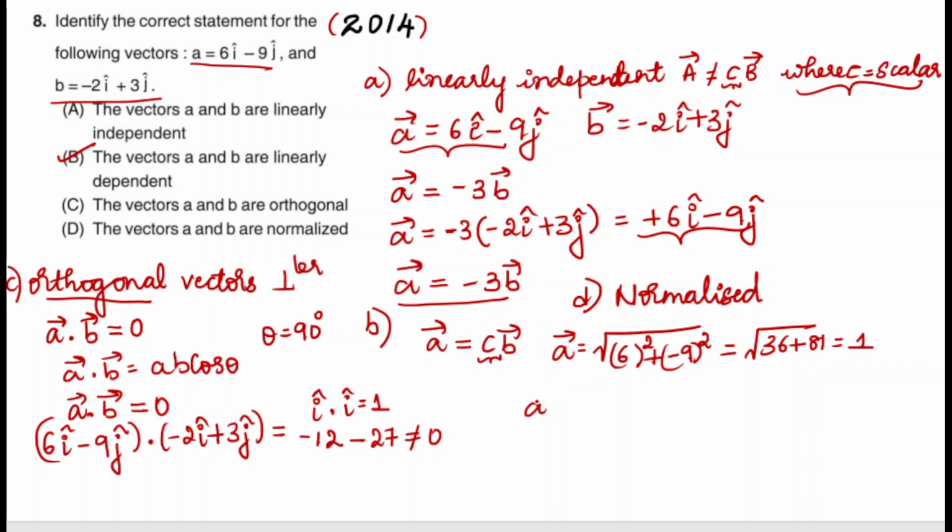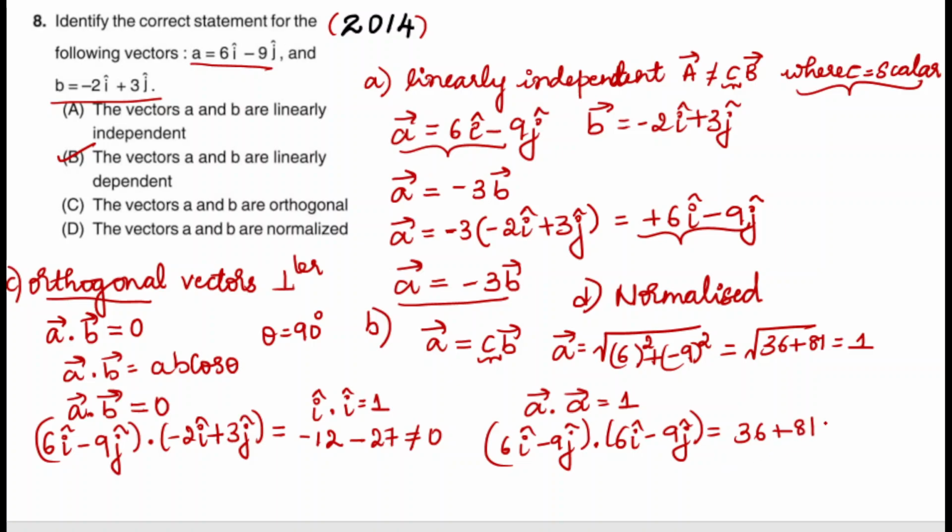Or you can do it one more way, the same way, that is a vector dot a vector, and we need to get 1. That is 6 times i cap minus 9 times j cap, dot product with 6 times i cap minus 9 times j cap. So that is equal to 6 sixes are 36, minus of minus plus, 9 nines are 81.